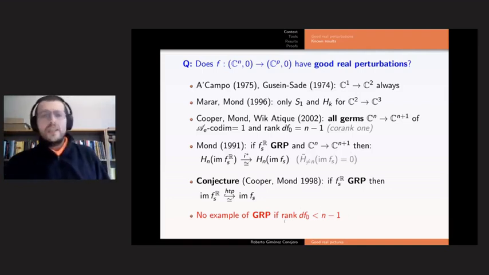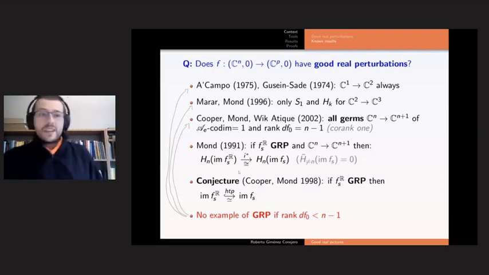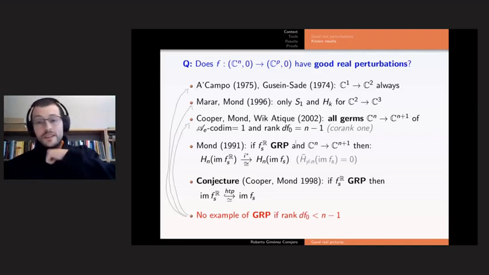And there is a paper of Mond and I think also Roberta Pellikaan, showing that the simplest case of corank 2 singularity doesn't have a good real perturbation. So even if the codimension is 1, in corank 2 they don't have, at least in some examples, a good real perturbation. And in all the other references, you don't have corank 2 singularities with good real perturbation.